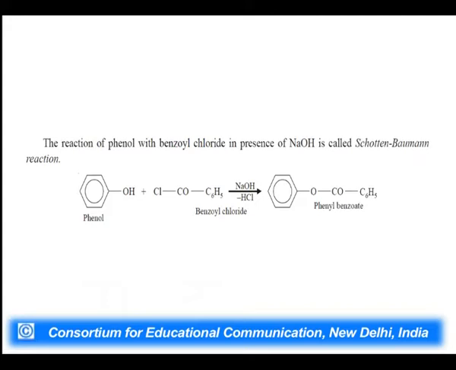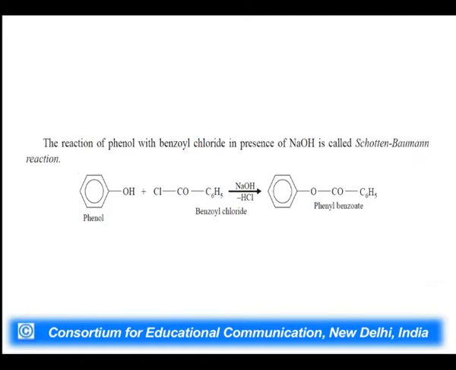So first, phenol ionizes to give us a phenoxide ion, which then acts as a nucleophile in the presence of NaOH. Then the reaction is the same: it reacts with the benzoyl chloride, giving us a tetrahedral intermediate through an addition reaction, which then eliminates chloride to give us the final product.